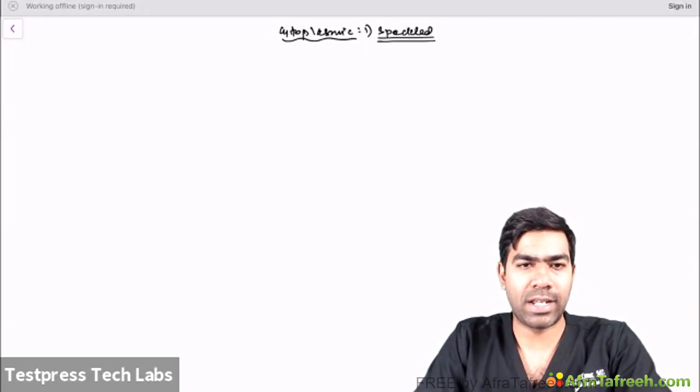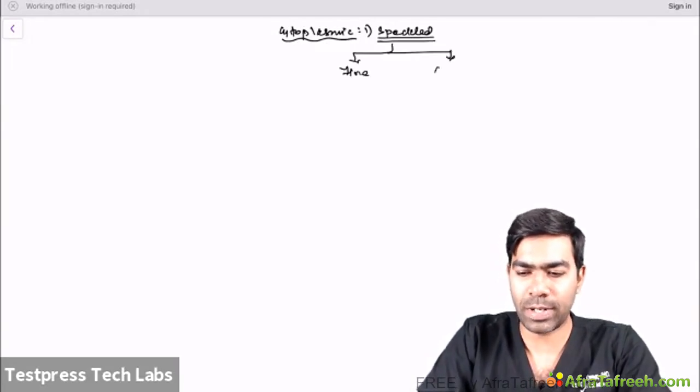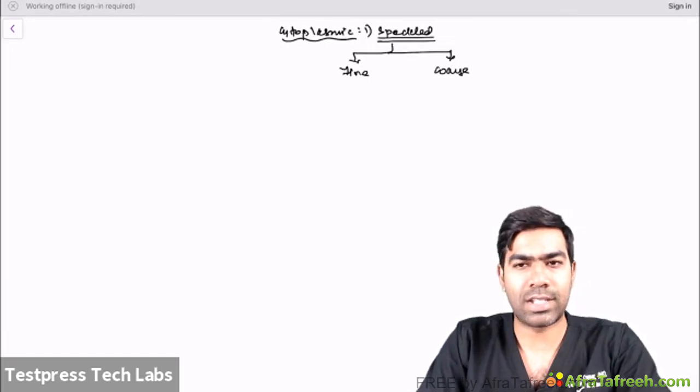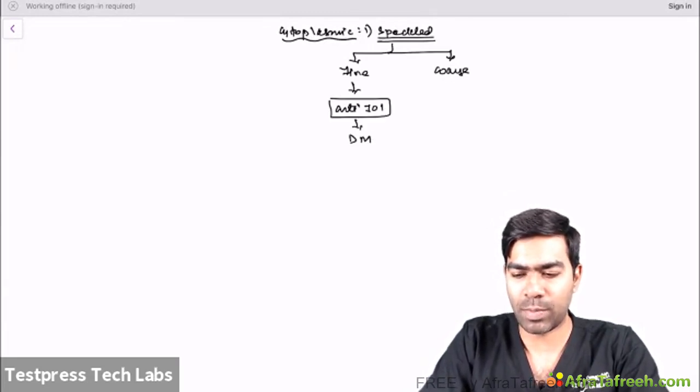This speckling can again be a fine speckling or probably a coarse speckling. If you see a cytoplasmic fine speckling, it usually points towards the presence of anti-Jo1 antibody very commonly, which you'll see in polymyositis.